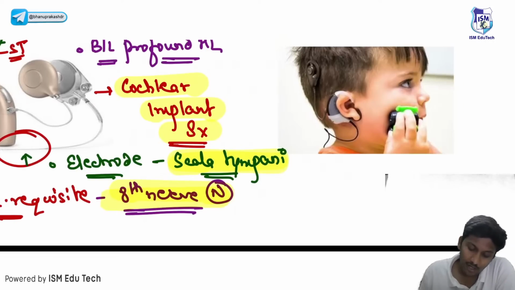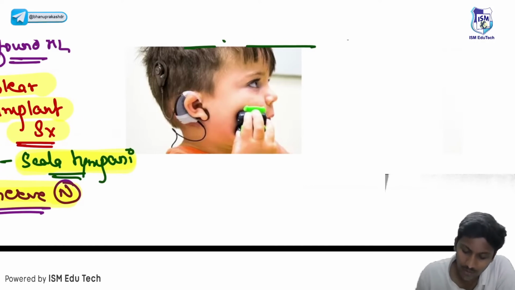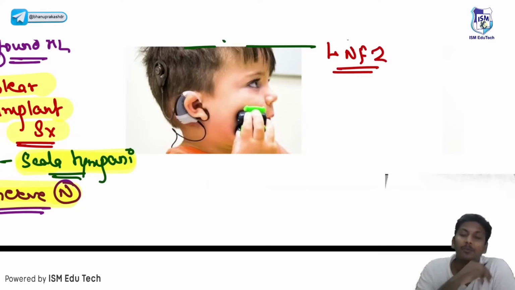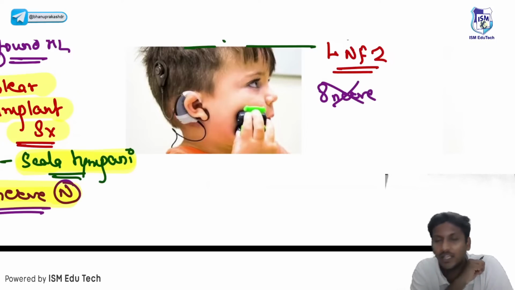But in cases of bilateral acoustic neuroma, and where is bilateral acoustic neuroma seen? Bilateral acoustic neuroma means there is a tumor in both 8th nerves. It is only seen in a case of neurofibromatosis type 2. In that condition, we know that the 8th nerve has been damaged, and if the 8th nerve has been damaged, can we use cochlear implant surgery?